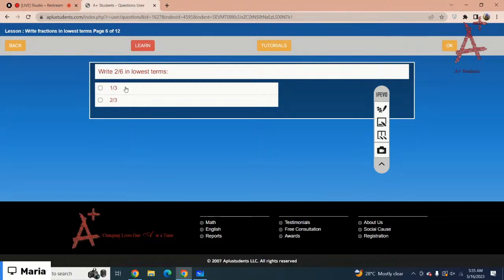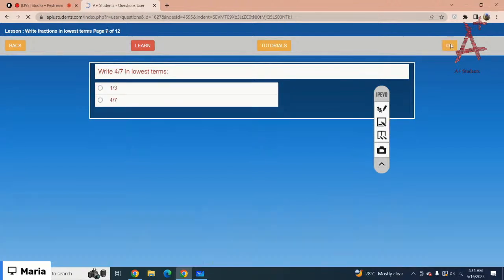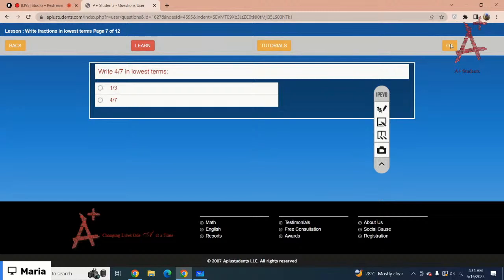The correct option is 1 over 3. Okay, write 4 by 7 in lowest form. So which is the correct option? 4 by 7 is already in the lowest form. It would be 4 over 7.